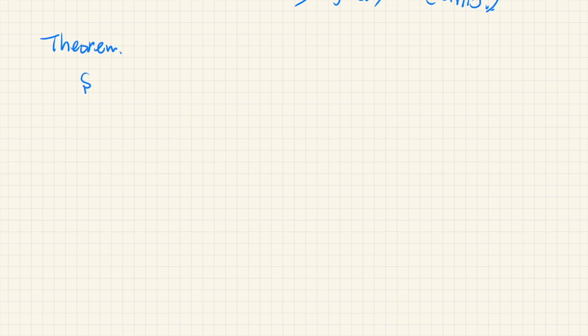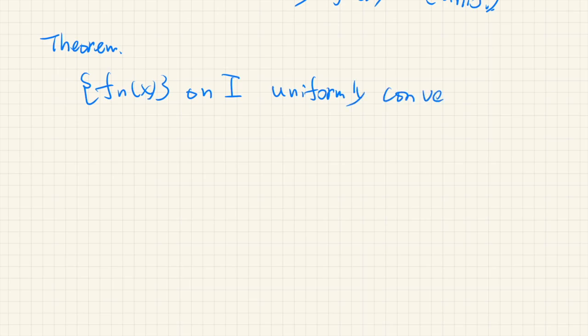Suppose we have a sequence of functions on an interval I, uniformly converging to a function f of x.